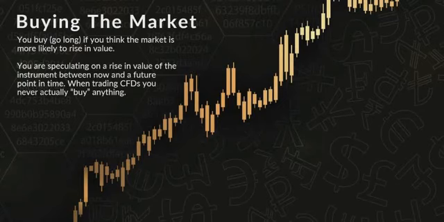Now, when we're trading on CFDs or contracts for difference, you never actually buy anything. So you don't own any of the cryptocurrency. You're just speculating on a specific price at one time, and it's going to rise to another price at any future point. If you buy a coffee, you're actually going to go into a shop and buy the coffee.